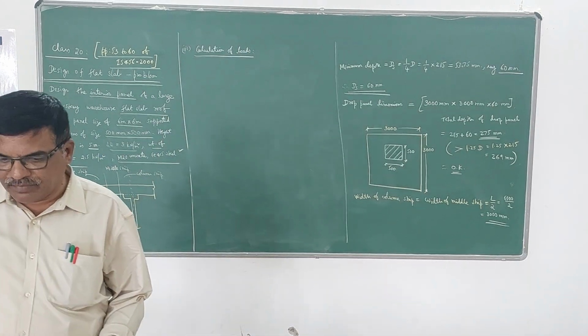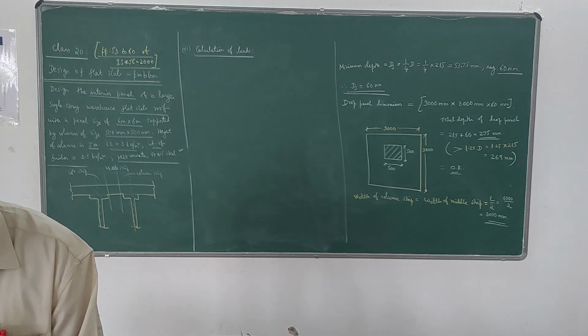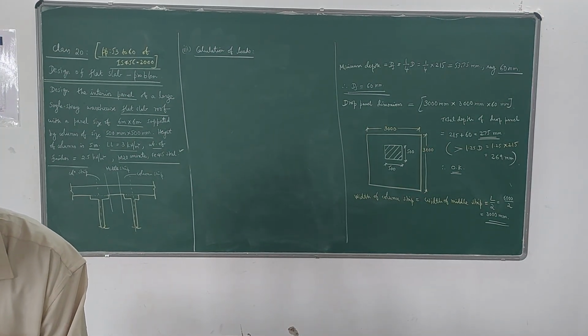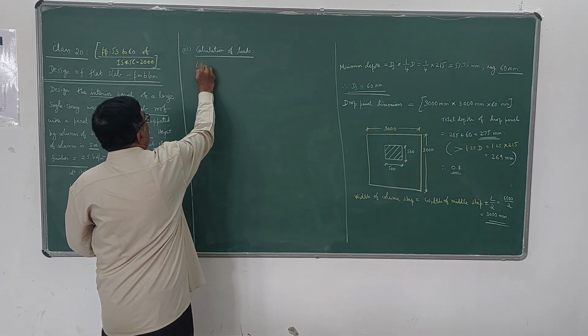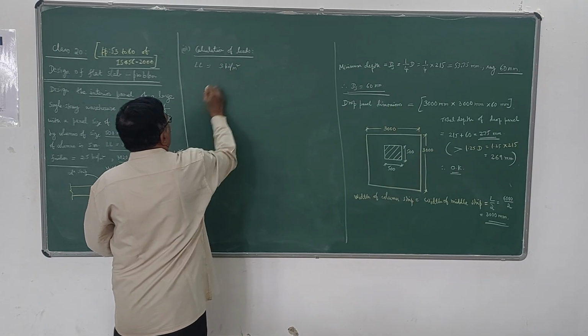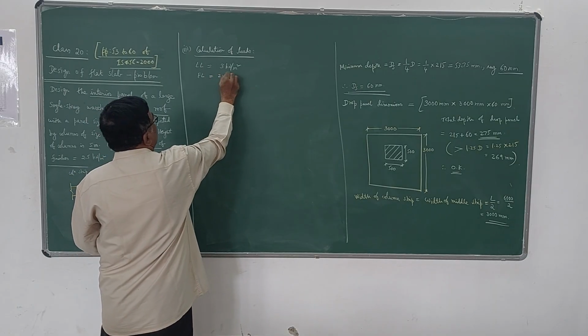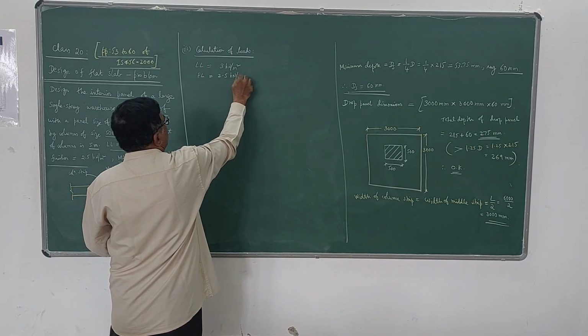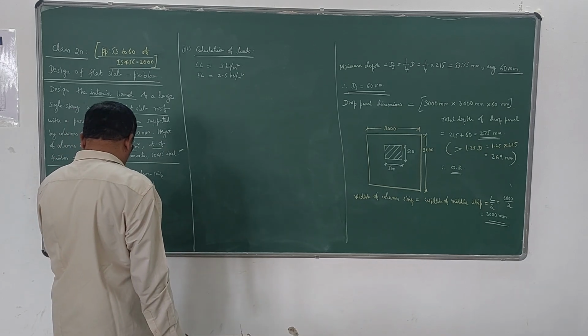He has given the live load as 3 kN per meter square, finishes as 2.5. So let us write down that. Live load is given as 3 kN per meter square for the warehouse, and finished load 2.5 kN per meter square. They are slab loads. So we have to calculate the dead load now.